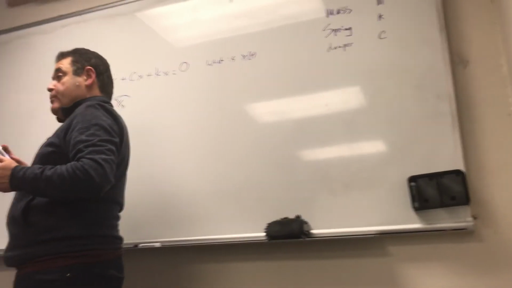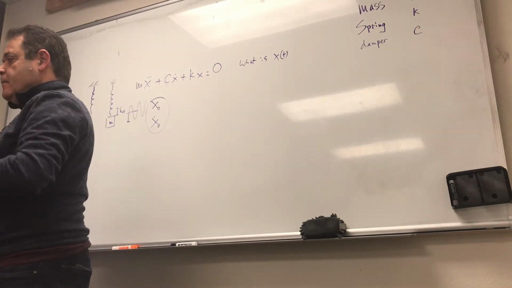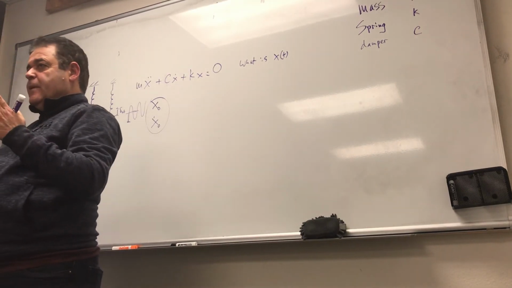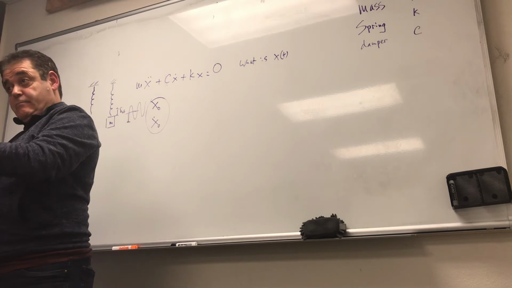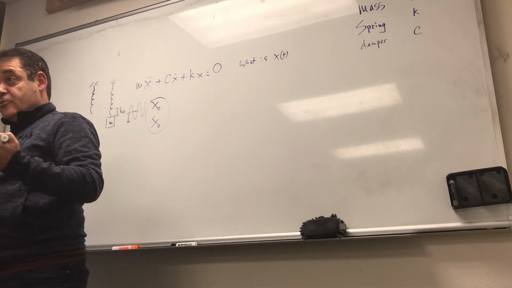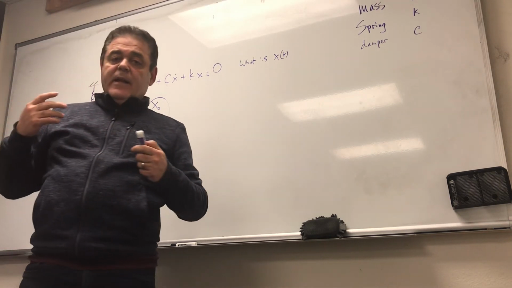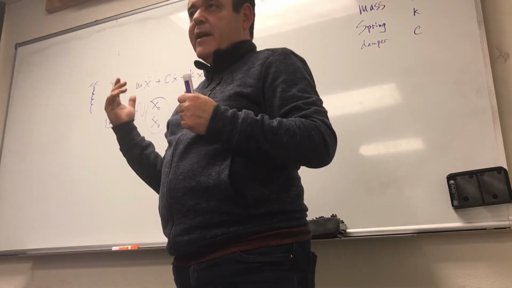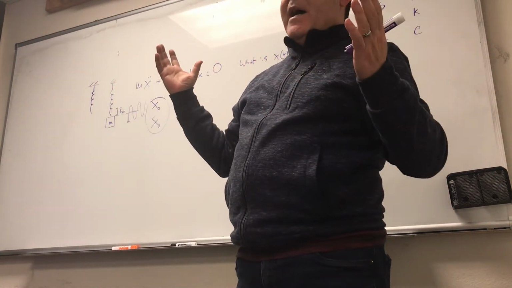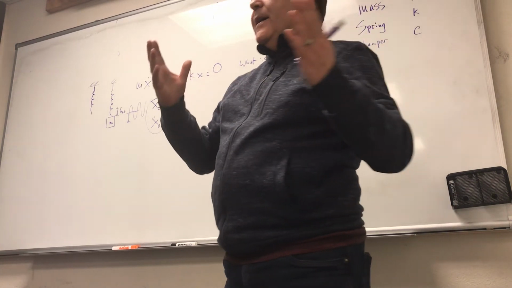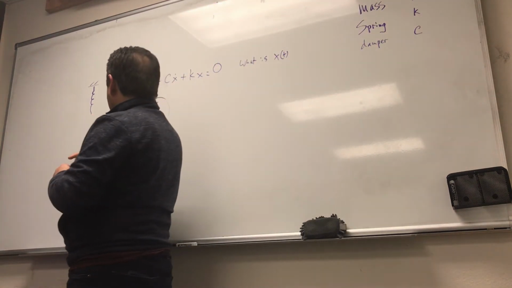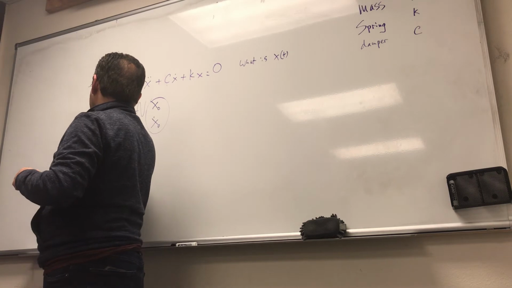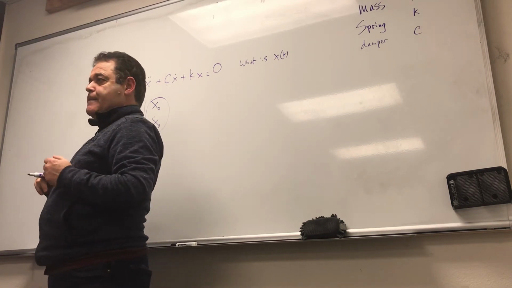So during the vibration, at each time, the mass is going to have a certain velocity, meaning a certain kinetic energy, and the spring is going to have a certain potential energy. But in reality, at what point does the mass have the maximum velocity, you think?